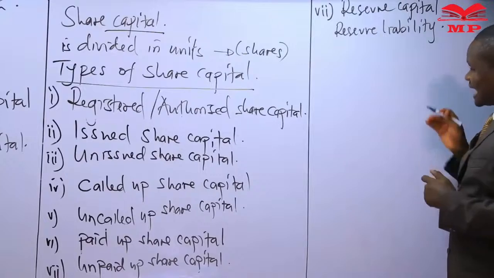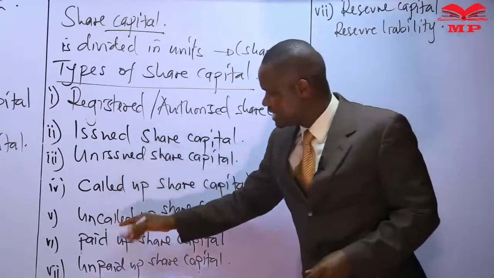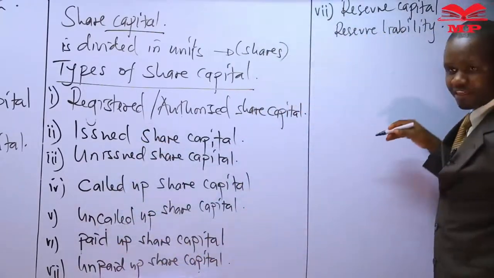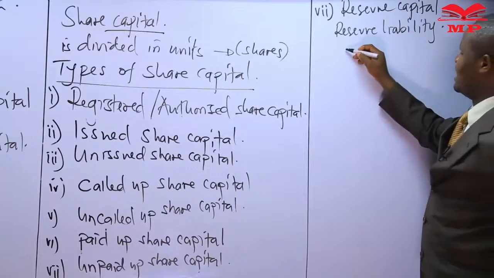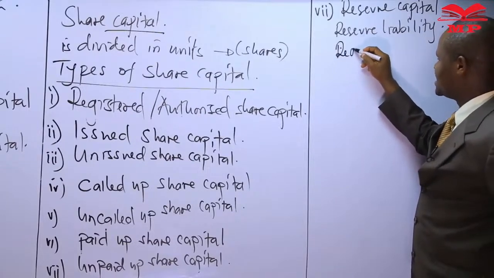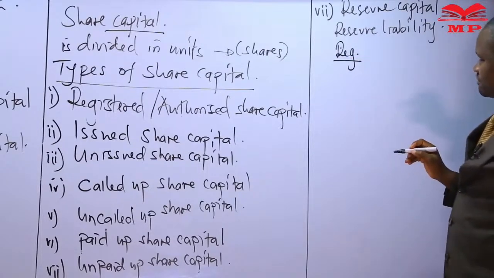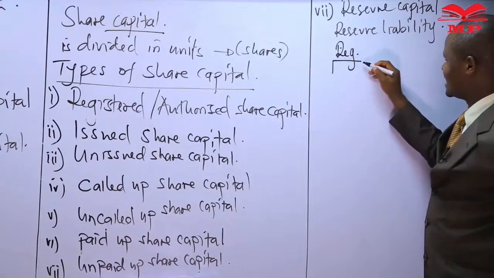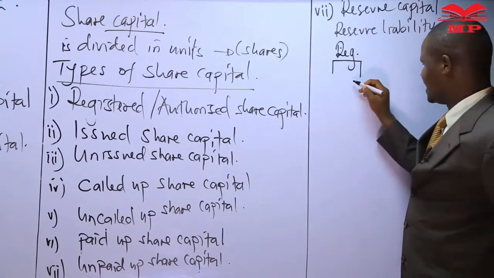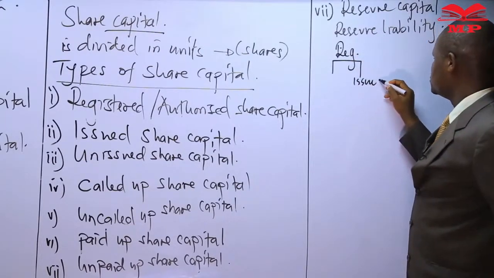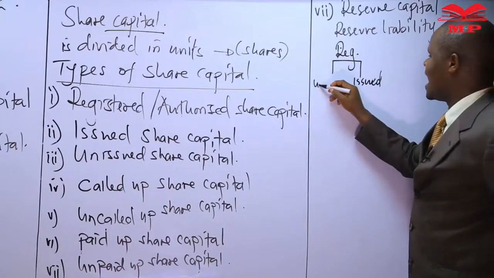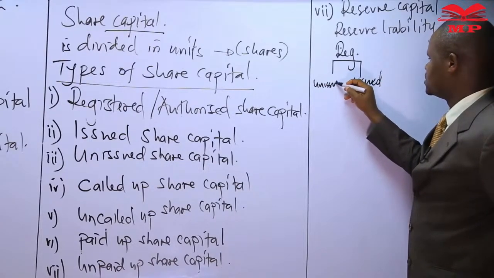So if we could describe the interrelationship between these categories, then you could have something like this: if this were to be considered the registered share capital of the company, then this registered share capital can either be the issued or the unissued share capital.